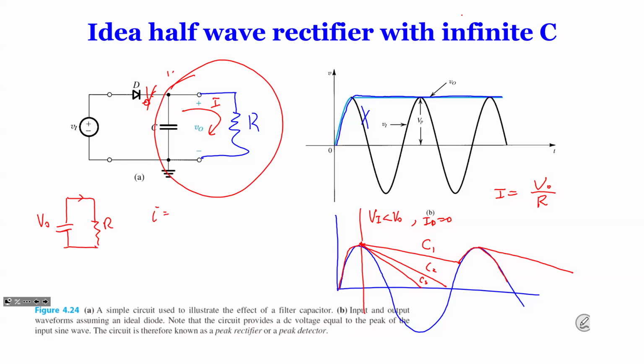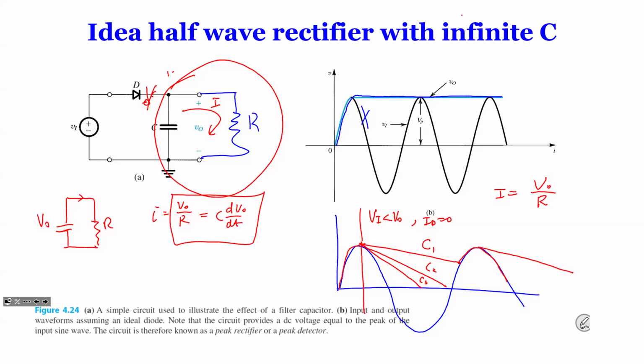So current is equal to V over R. Then also I is equal to C dVO over dt. So basically we have this equation here, which is first order, so you can solve for it.